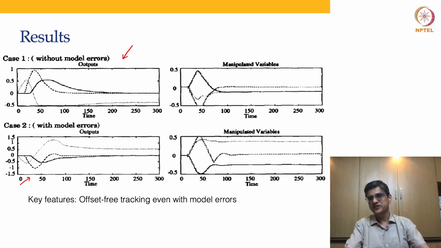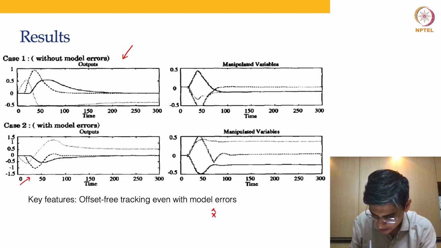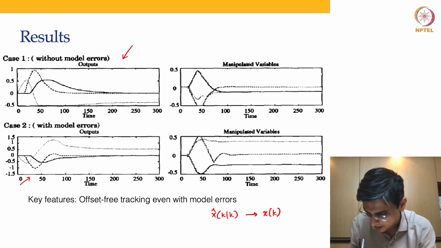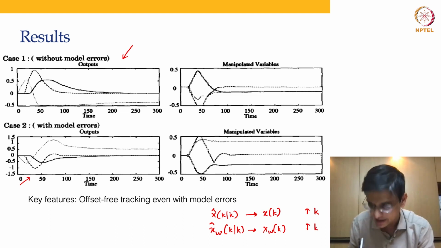What is required for offset free tracking is that the x hat, that is estimated states, and xw hat, the estimated disturbance state, should tend to xk and xwk. So what we mean by that, sorry, I should write it down. x hat k given k should tend to xk as k increases, and xw hat k given k should tend to xwk as k increases.